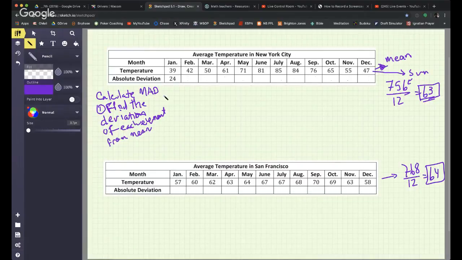So we're going to find the deviation of each element from the mean, and then we're going to find the mean of all deviations.